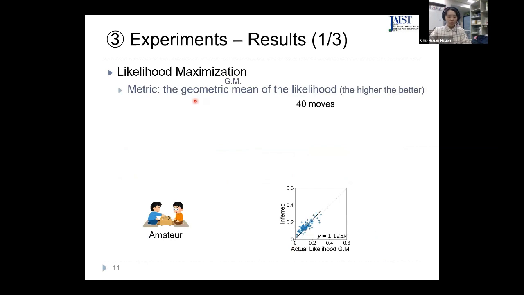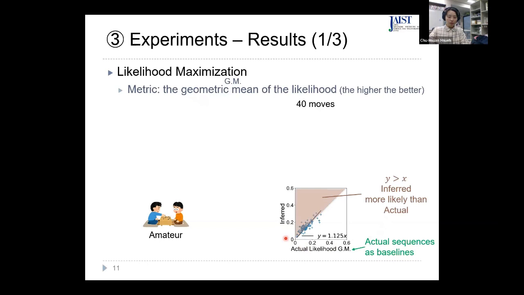But in practice, it is infeasible to do so. Instead, we use actual move sequences as our baselines, as shown on the x-axis. Then the y-axis depicts the likelihood of the inferred move sequence.